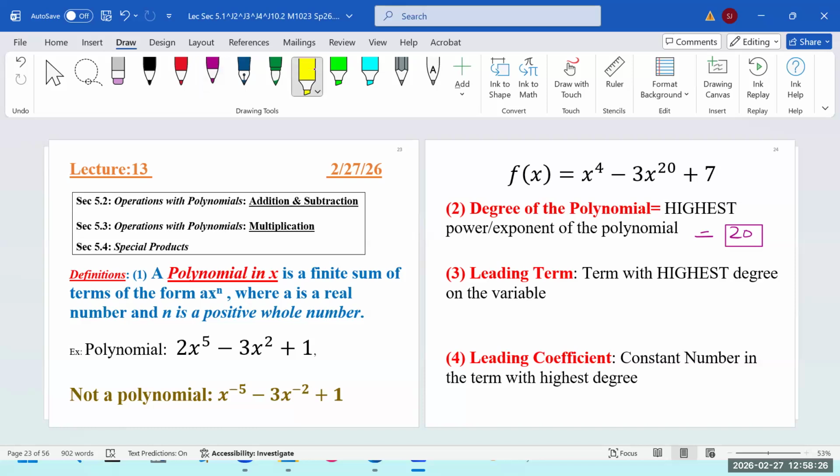So we have x to the 20 here. So you look at the entire term. This entire term is from negative 3 to x to the 20. So x to the 20 is inside this term. That's why our leading term is this entire thing, negative 3x to the 20.